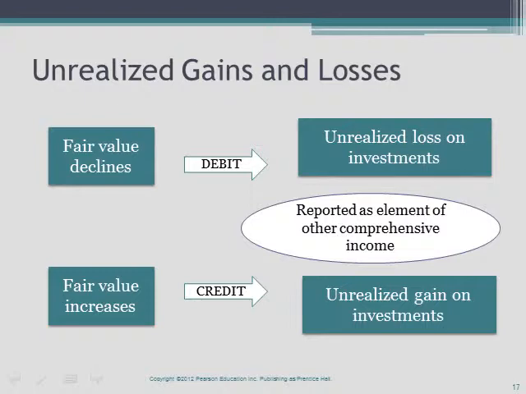It is reported in a separate statement of comprehensive income or in a separate section of the income statement below net income on a combined statement of income and comprehensive income.